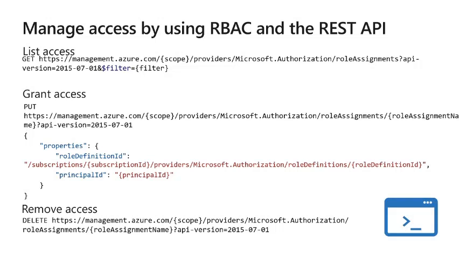Use the role definition, and then after you have the role definition, you can create or grant access. So you have to use PUT management.azure.com with that scope, read, write, or whatever. Provider is Microsoft Authorization, role assignment, and the name of the custom role assignment, and this is the API version, with the properties: role definition ID which you just created, and the subscription ID.